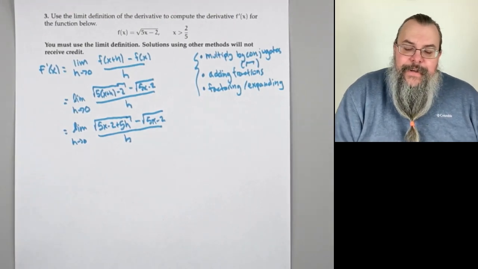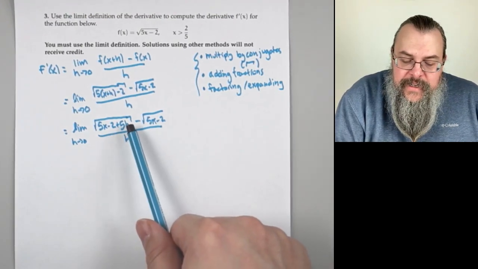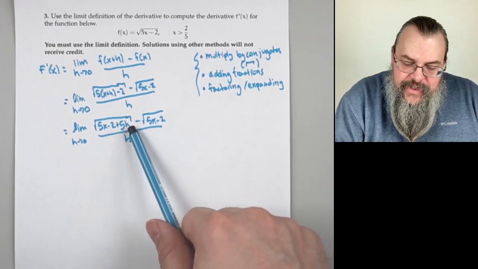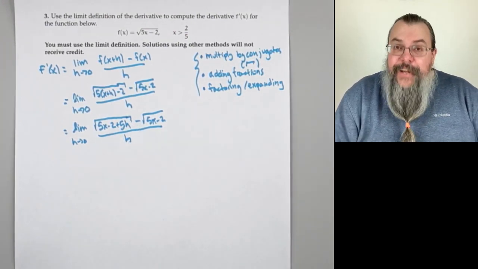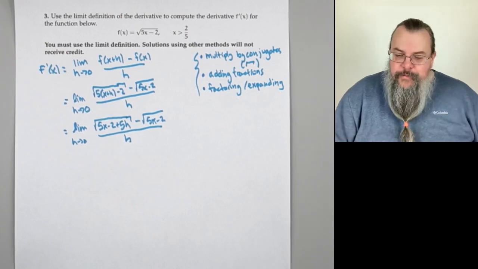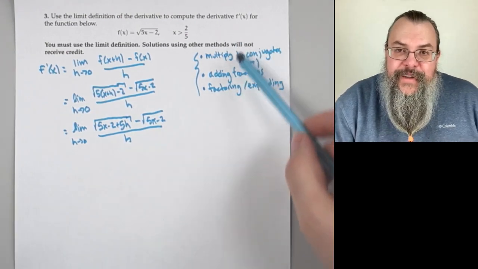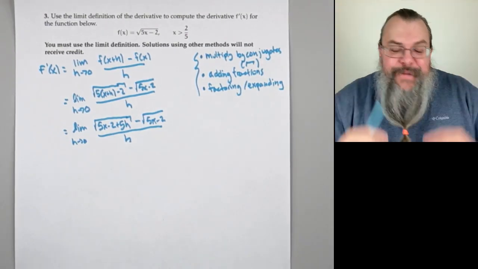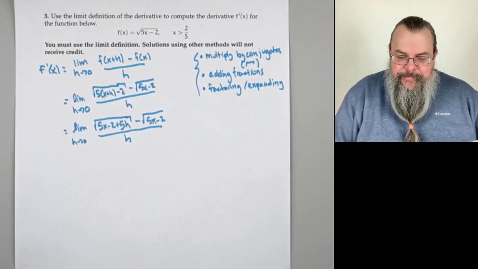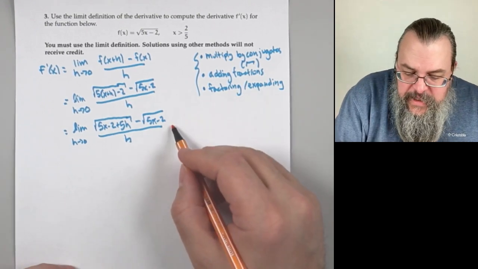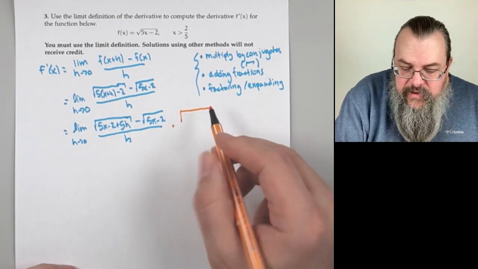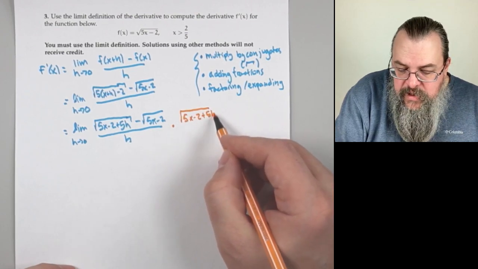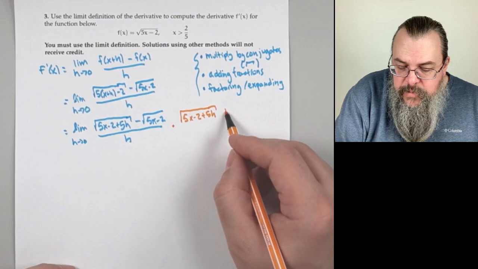Now we say, this h inside the square root, somehow we've got to get it outside the square root because we need it to cancel with the h downstairs. So what can we do to get things outside of square roots? It's right there at the top: multiply by a conjugate. The way you do that is you multiply by the same expression, except instead of putting the minus, put a plus.